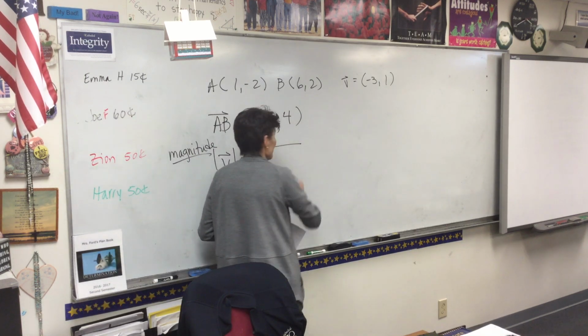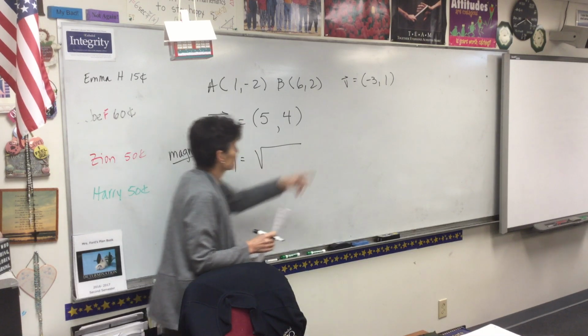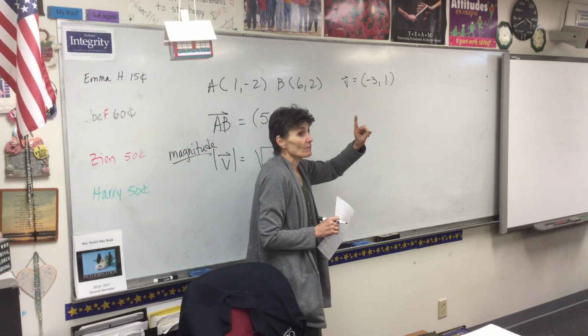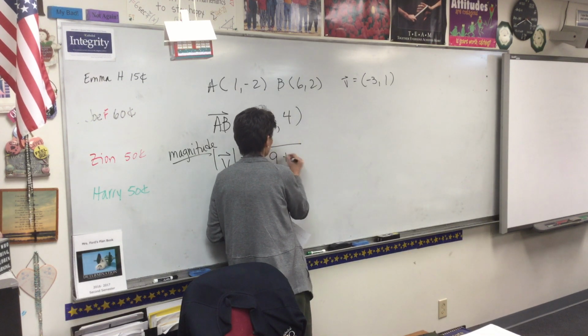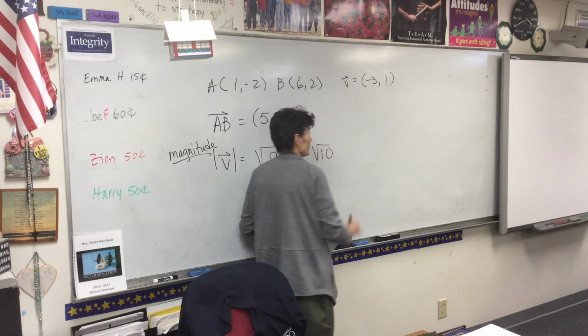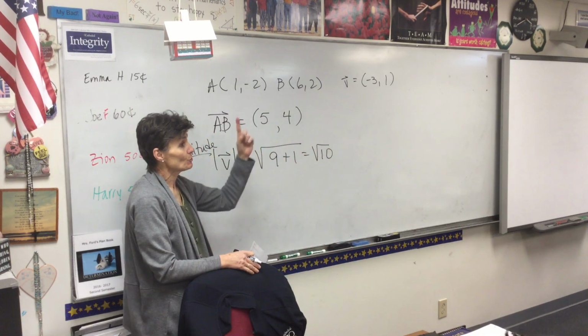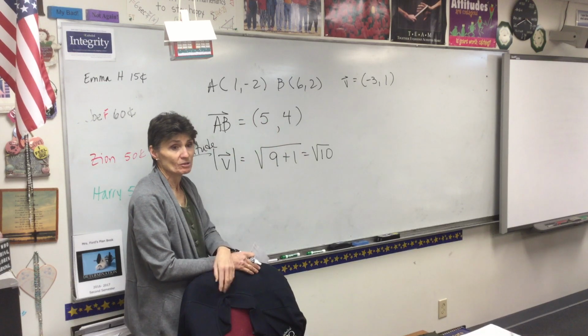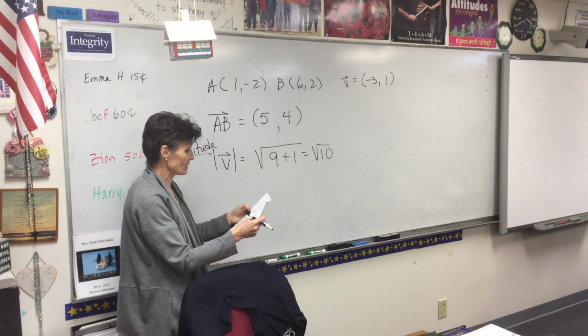How do we find magnitude? It's the square root of the first one squared plus the second one squared. So it would be 9 plus 1, or the square root of 10. I'll say it one more time. To find magnitude, we square, add them up, and take the square root. Every time. Anytime it's magnitude.